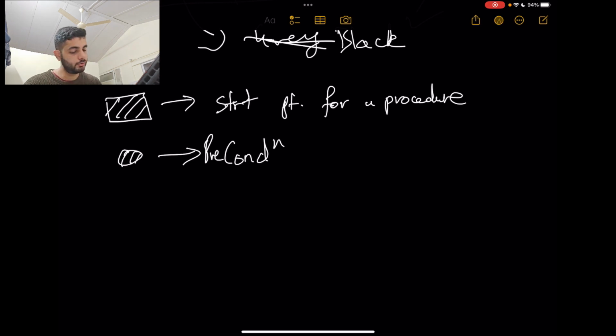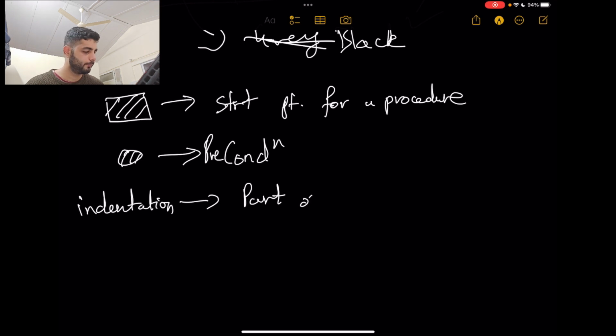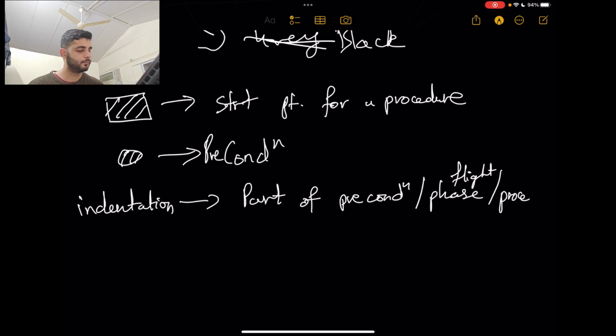Then you have indentation. That means it's written a little to the side. Indentation means it's part of the precondition or procedure.